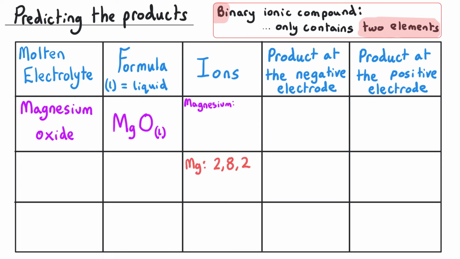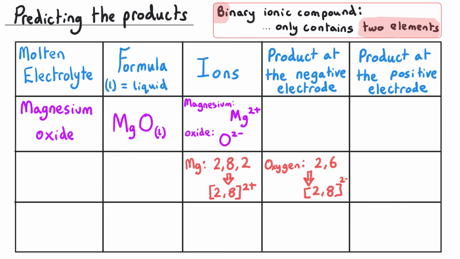Magnesium will be in group 2, so it's got two outer shell electrons normally, and so when it becomes an ion with a full outer shell, it will be a 2+ ion. Oxygen is in group 6. It needs to gain 2 electrons to become stable, and so it will be a -2 oxide ion.